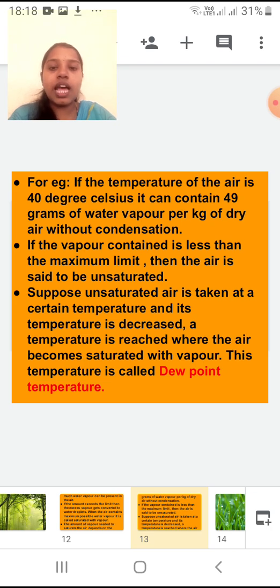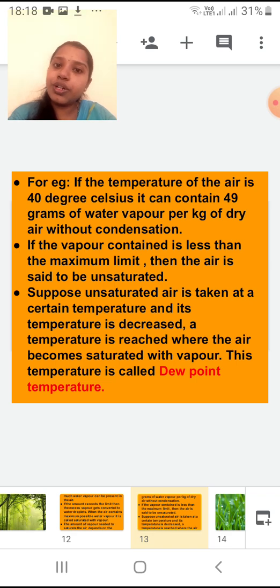This temperature I will call the dew point temperature. As written here, suppose unsaturated air is taken at a certain temperature and its temperature is decreased. The temperature is reached where the air becomes saturated with the vapor. That temperature is the dew point temperature.